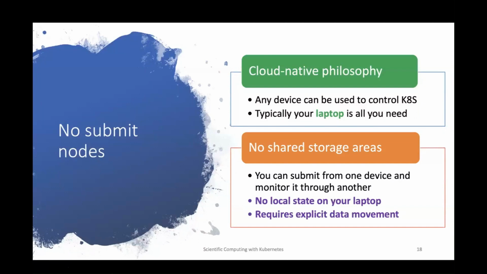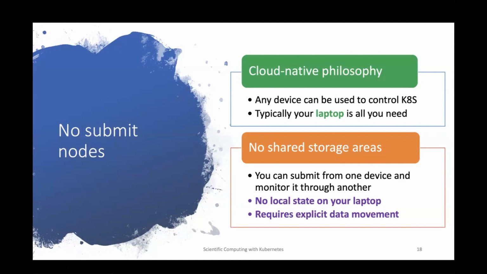On the downside, this also means that there are no shared storage areas, because you can submit from one node and then monitor and fetch output from another one. So if you have 3 laptops, you can interchangeably use any one of those to control your jobs. So there is really no local state on your laptop.